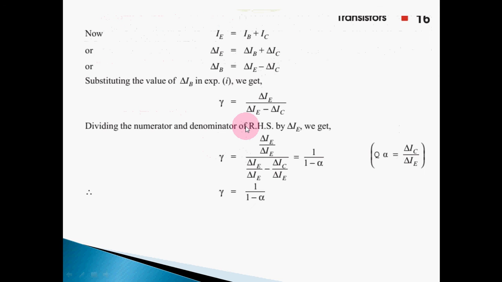We can write that gamma equals IE divided by IE minus IC. Then dividing both numerator and denominator by IE, we find that gamma equals 1 divided by 1 minus alpha. So this is the relation between alpha and gamma.